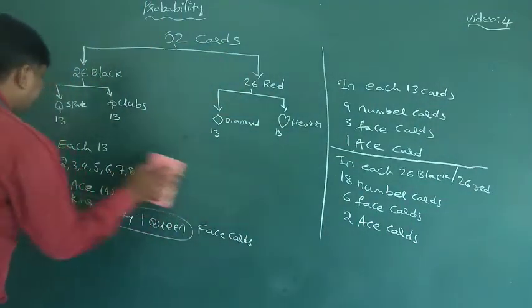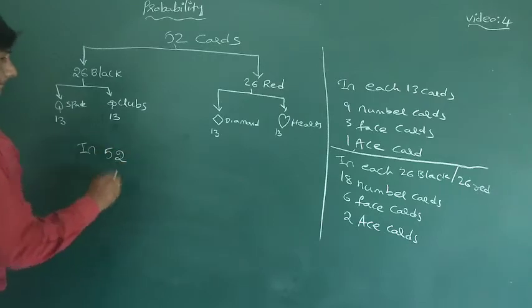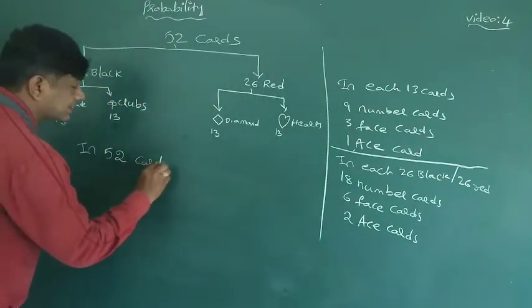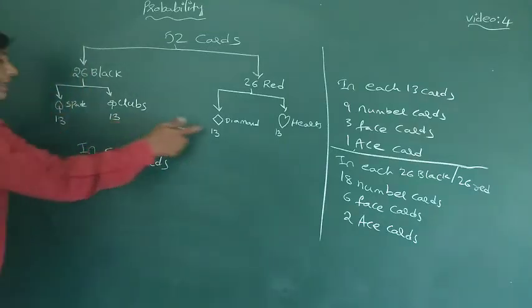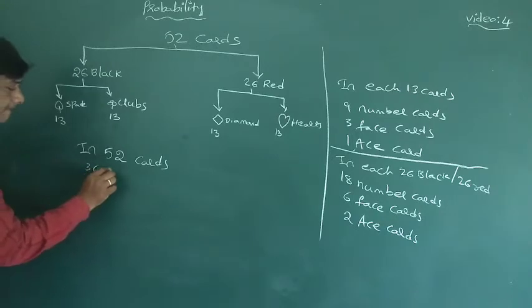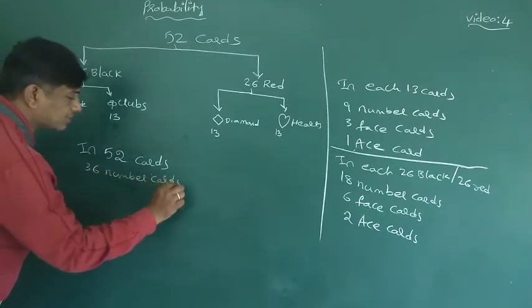Next, in 52 cards, 9, 9, 9, 9, 36 number cards will find.